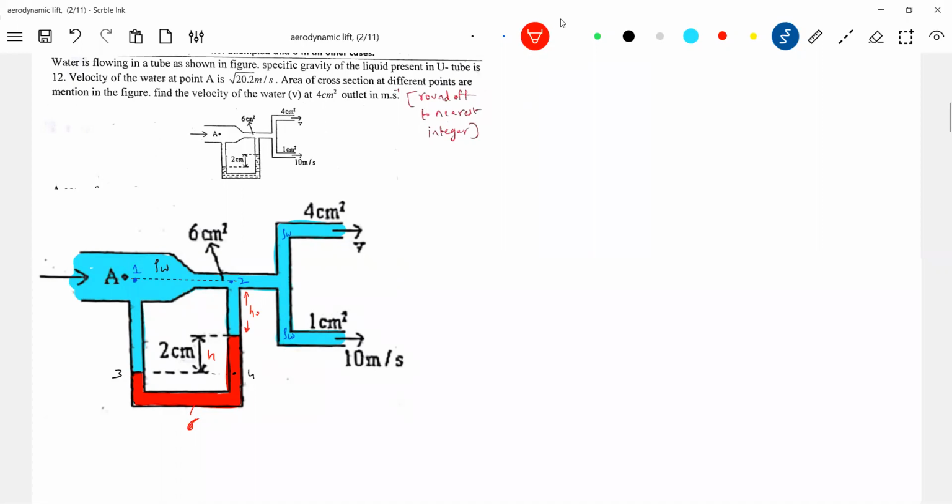First, what is the flow rate at 1? I don't have an answer; we have to verify it.